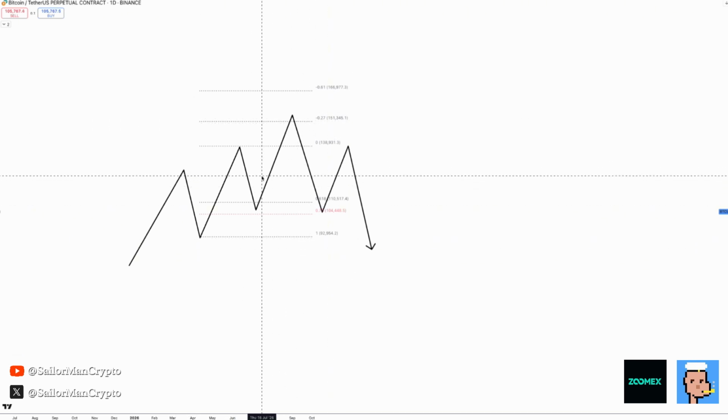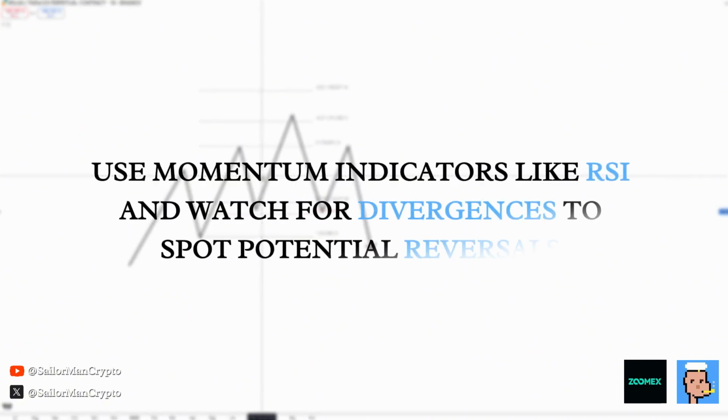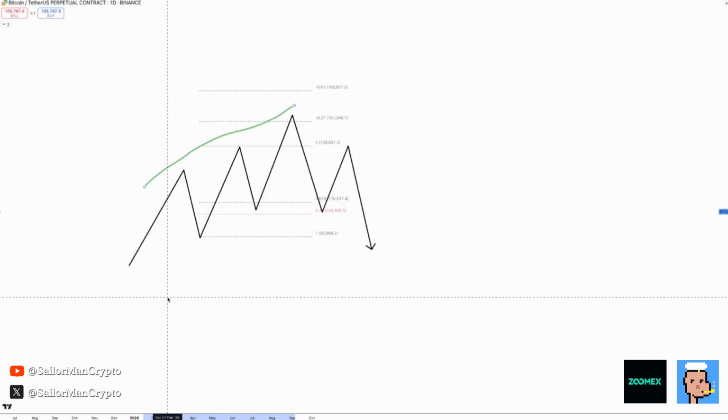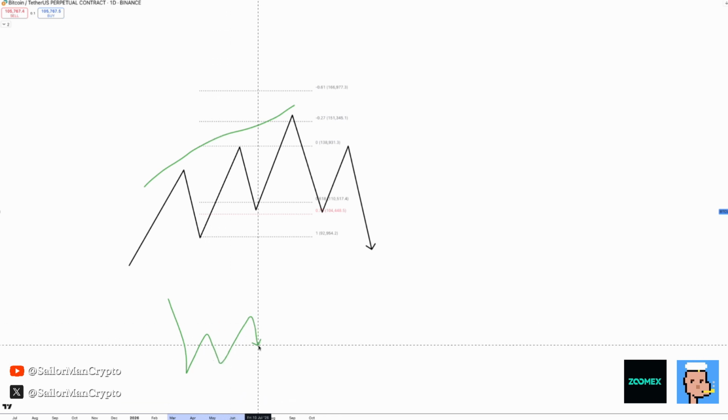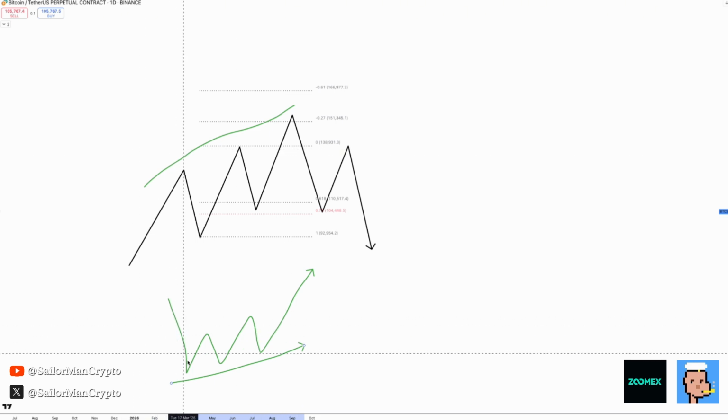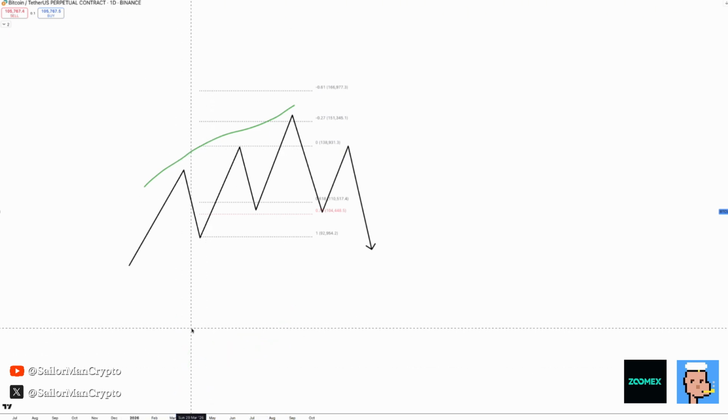The two key momentum indicators that I would suggest, that are very simple to use, are RSI, the relative strength index. So you want to see on this three-drive move a divergence on RSI. Let's say it doesn't form any more, sorry, it's the opposite in this case.